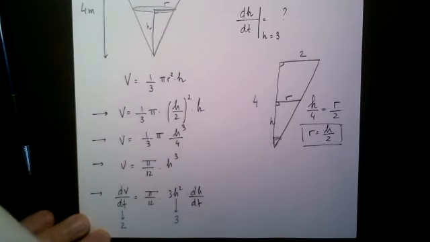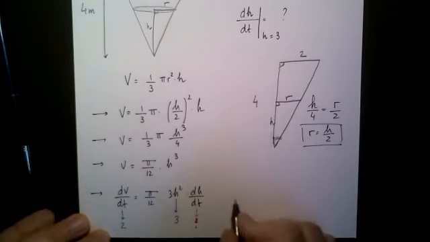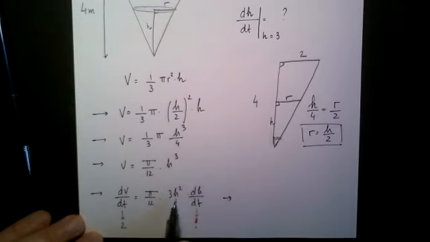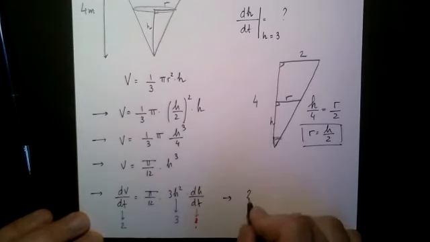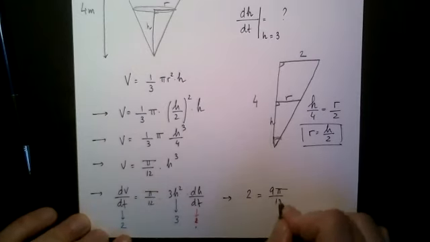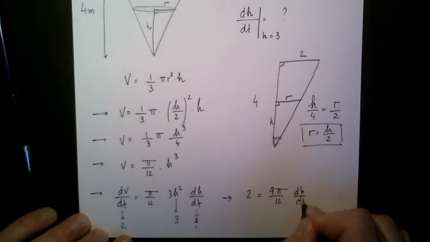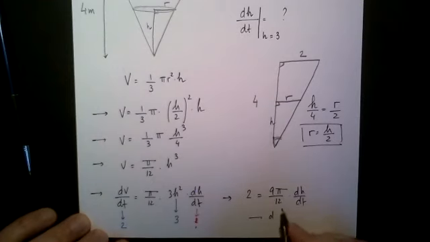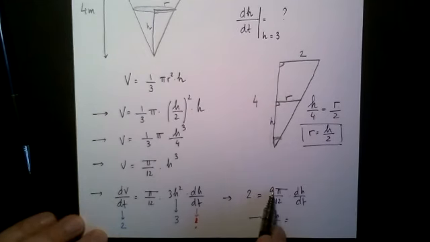And now I can find what this is. So 2 is equal to 9 pi over 12 times dh/dt. And if you solve for dh/dt, I get 24 over 9 divided by 3.